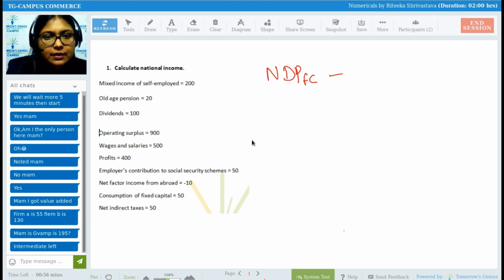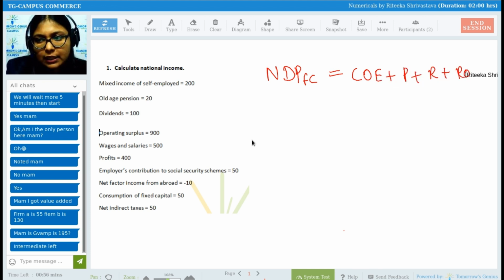So NDP at FC equals, we know, COE plus profit plus rent plus royalty plus mixed income, plus interest. Compensation of employees, what is given to you in the question? See, wages and salary is given. Employers' contribution is given, right? Yes, ma'am. So how much? 500 plus 50.